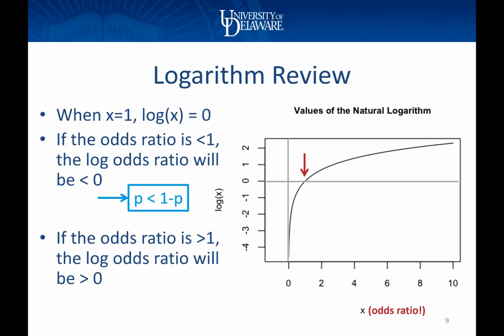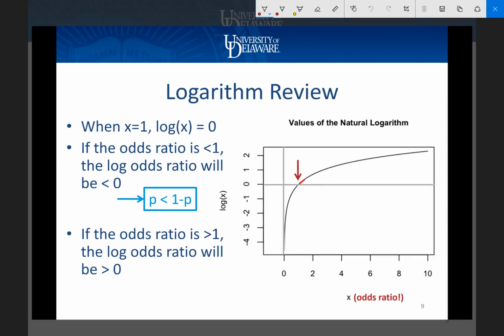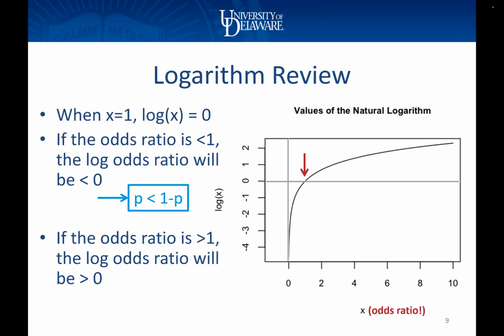Similarly, if the odds ratio is greater than 1, the log odds ratio will be greater than 0. So we're talking about this area: the x input is bigger than 1 and the output is bigger than 0. And in that situation, p is greater than 1 minus p. So we said the odds ratio was greater than 1, so the numerator has to be bigger than the denominator.